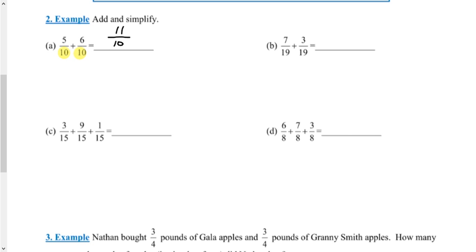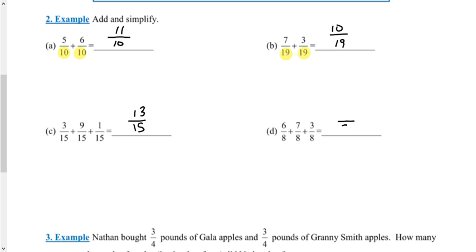And then we're done. 19ths, okay, cool. 7 plus 3 makes 10/19ths. You have a common denominator, the denominator stays the same. 3 plus 9 plus 1 makes 13/15ths.